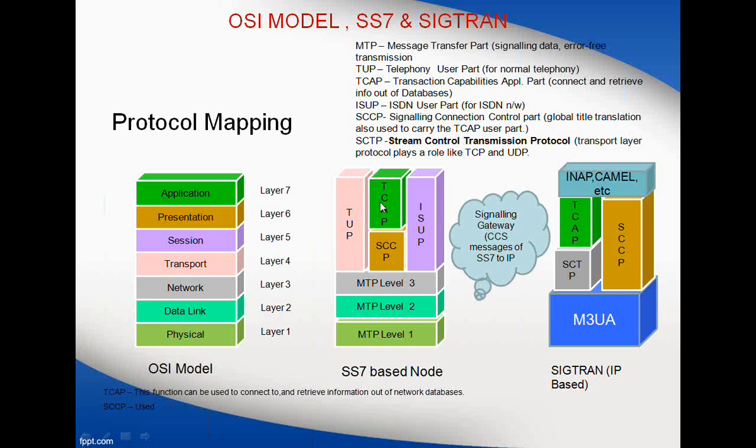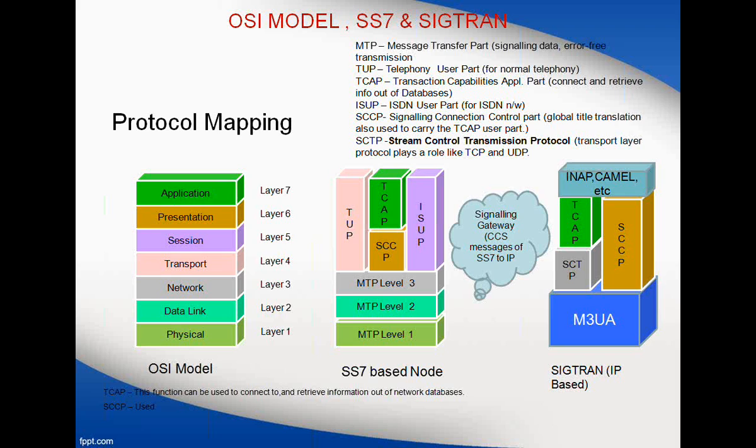So we need to have the physical connectivity, the message transfer, error-free transmission, telephony access, access to the databases, we need to establish the signaling, establish the connection, and do the routing. When you see each and every level, every SS7 node in detail, we will be able to understand how exactly the signaling and the communication is carried out.